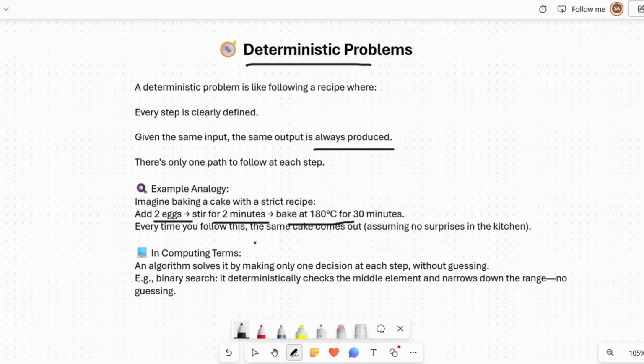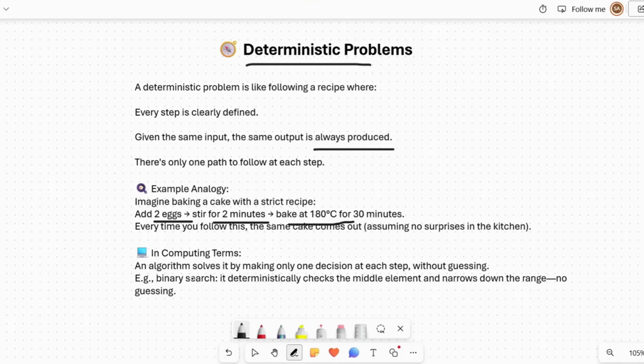Every time you follow these steps, the same cake comes out. It does not depend on the quantity. If you increase the quantity, the size of the cake increases, but the overall architecture is the same. The algorithm solves it by making only one decision at each step without guessing.